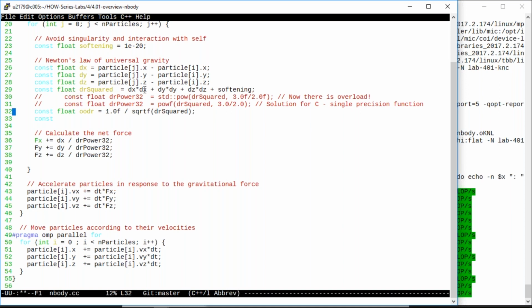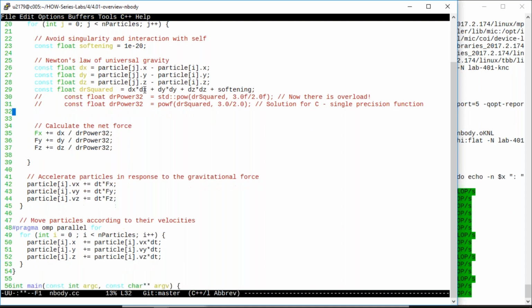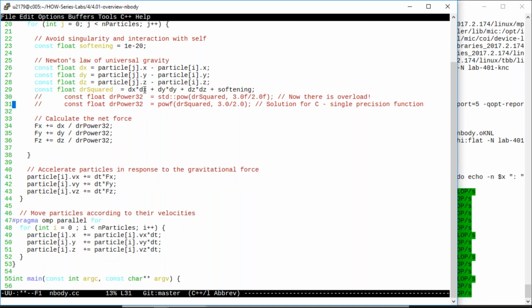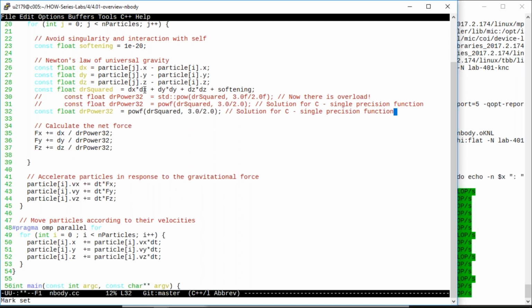I think I'm running ahead of myself. What I'm going to do is this. I am going to compute this thing to power -3/2, and I will multiply.